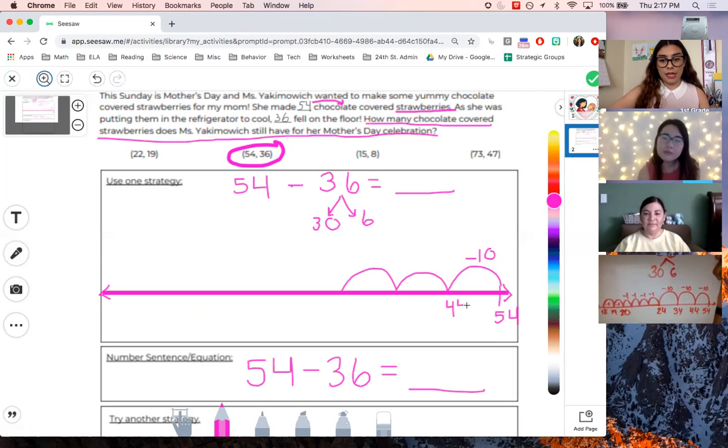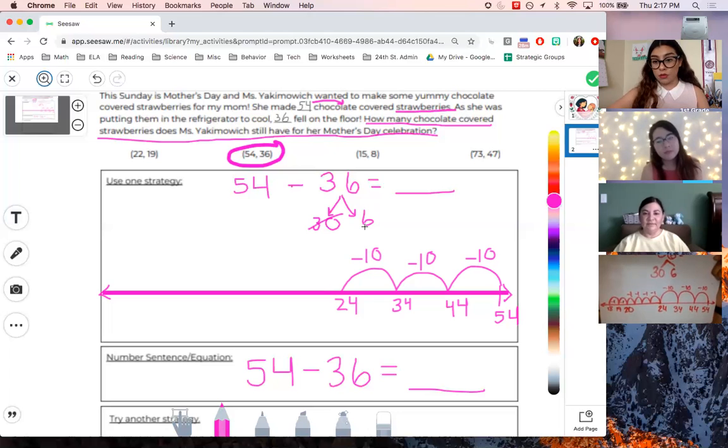We're counting back. Then minus another 10. 44 minus another 10 is going to give us 34. And then 34 minus 10 is going to give us 24. And so we did our 30, 10, 20, 30. So we can cross that part off to remind us and make sure we don't do that one again. But we still have our 6.